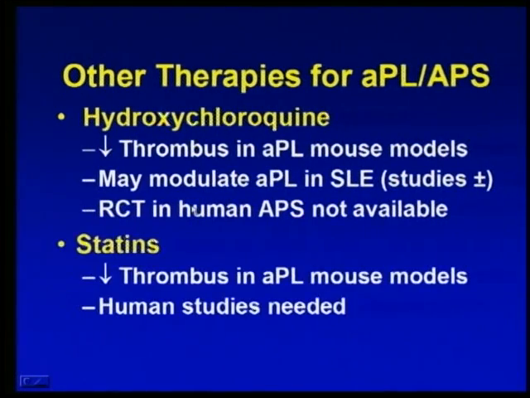Statins also have been found to be effective in a mouse model of antiphospholipid antibodies. Statins have anti-inflammatory activities and down-modulate platelet and endothelial cell activation. Here again, we just don't have guidance in patients for using statins in treating antiphospholipid syndrome.